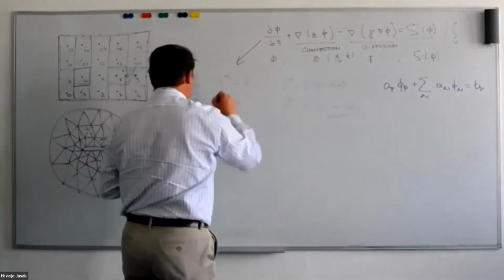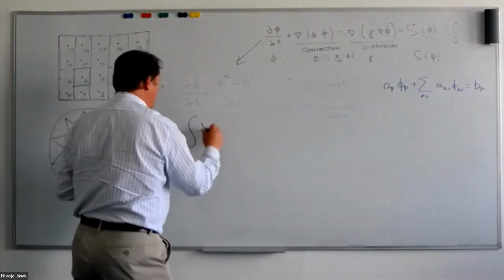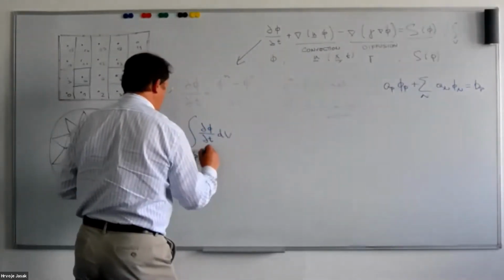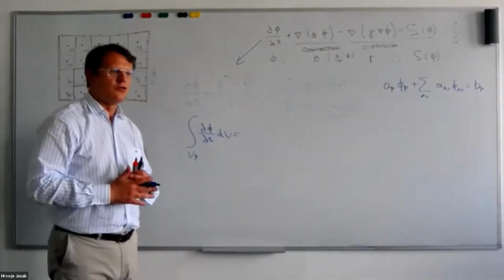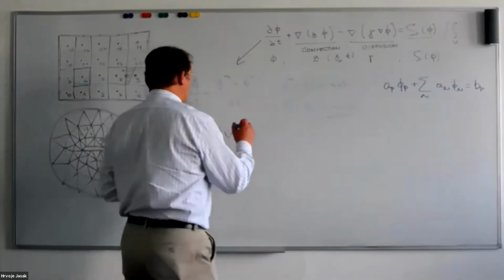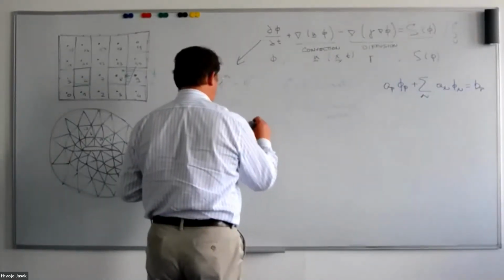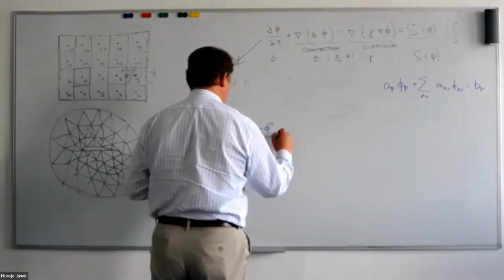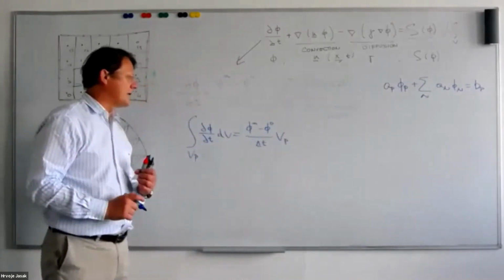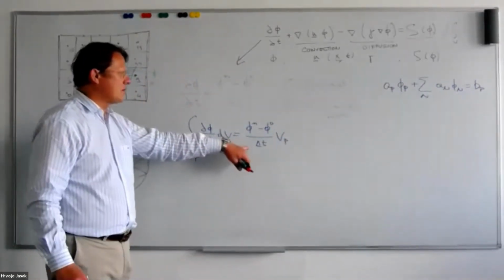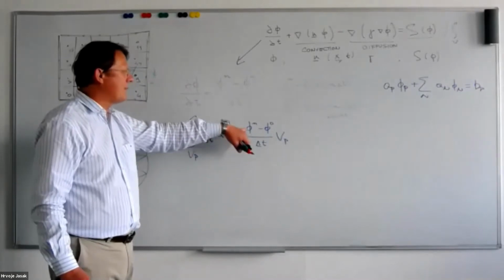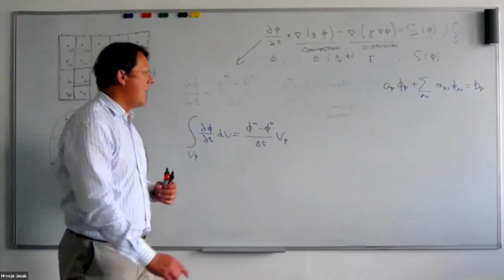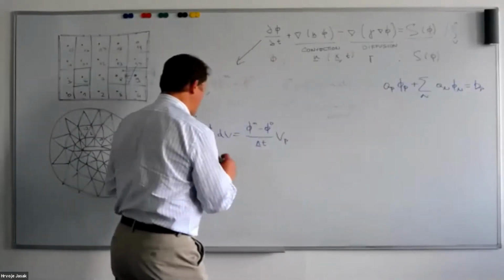But in order to do that, I need to integrate the d phi by dt terms over the volume of my computational cell using the rules that I have given you so far. So that will be phi new minus phi old over delta t multiplied by the volume of the cell. Reading this expression, I need to find out everything that multiplies the new value of phi in the cell center and read out the prefactor, which is my AP.